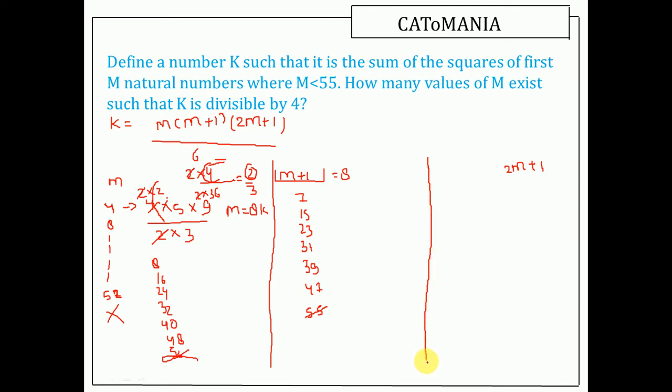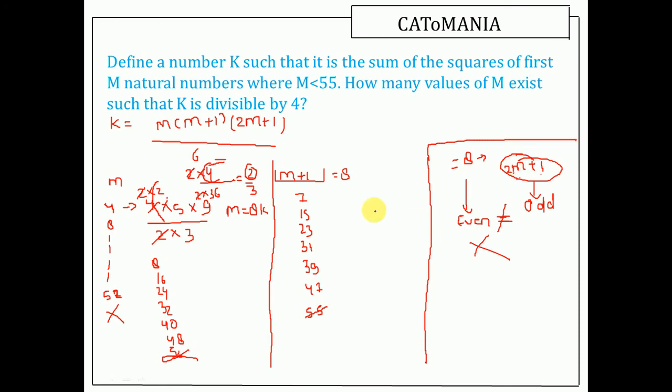And now that shortcut that I told you in the last question will work here. 2m plus 1 is even plus odd, which is odd, and what we want is a multiple of 8. 8 is even and this value is odd. So do you think we will get any value of m which is a natural number and which will be equal to 8k? No, right? This is odd and this is even, and this is never true. So we won't have any value of m to satisfy this condition.